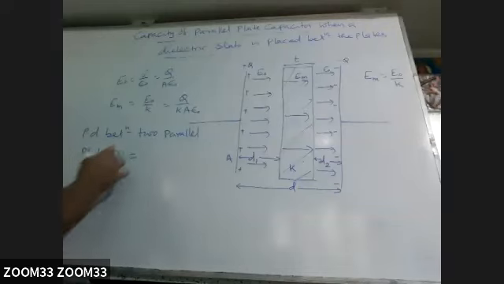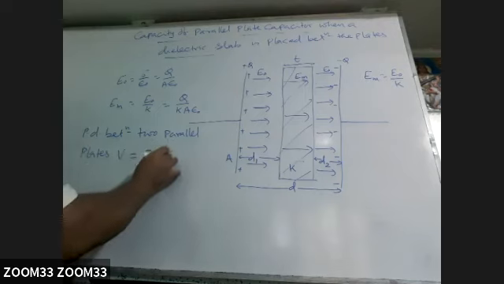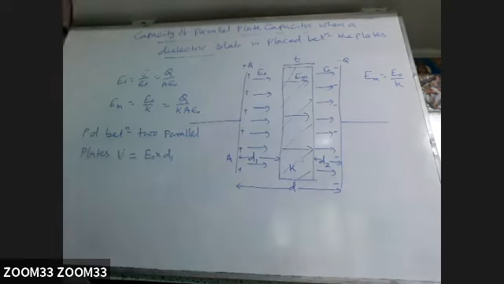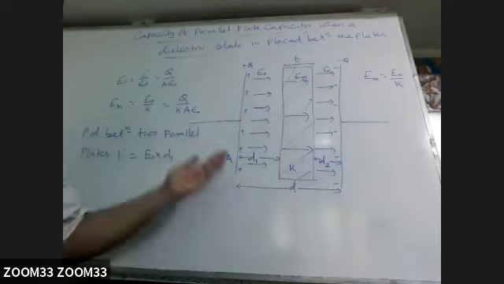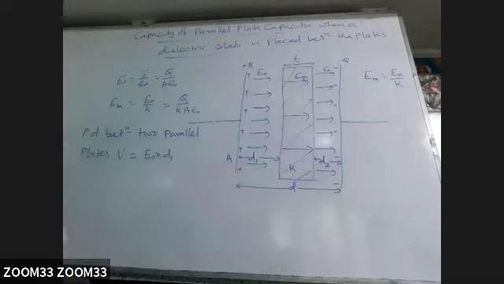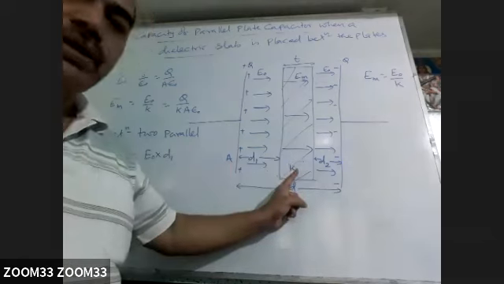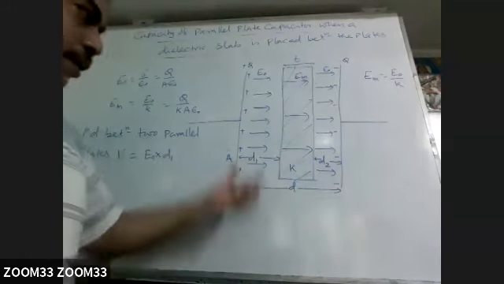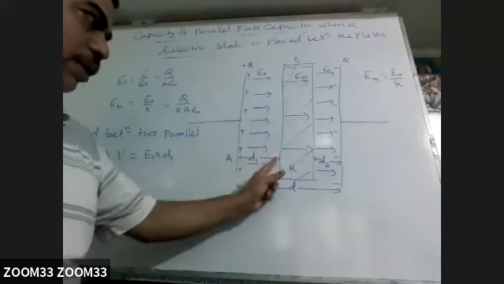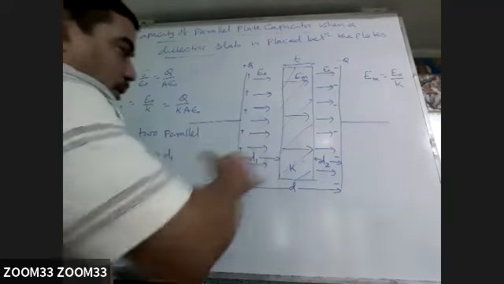This V is E naught into D1. If the electric field were uniform, the potential difference would be E into D, but we can't use that here because the electric field is different. So E naught into D will not be taken; we take this part from here to here.